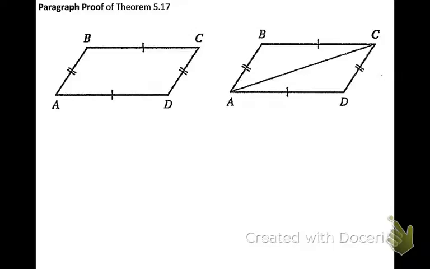What are we going to use to say the quadrilateral is a parallelogram if we have the congruent sides? We're going to add a transversal. We've done that in the picture. We can say the transversal is congruent to itself.